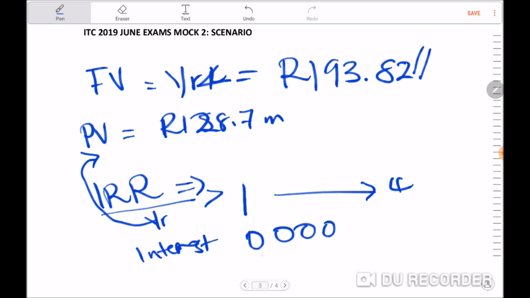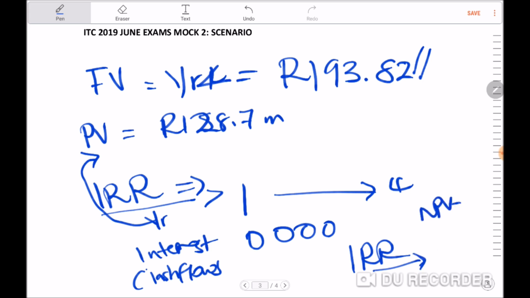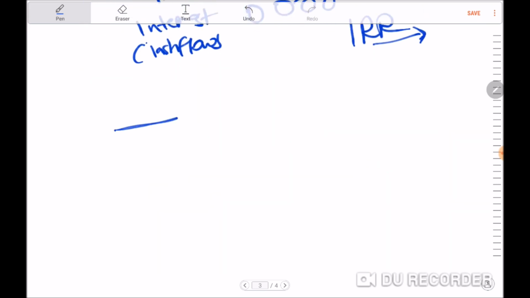From there, I have my cash flows, and I can calculate my IRR, bearing in mind that the IRR is the rate which results in a net present value of 0. I'm sure you can maneuver your way through the calculation of the loan. Your final answer should be 23.09%. That will be the cost of the loan.